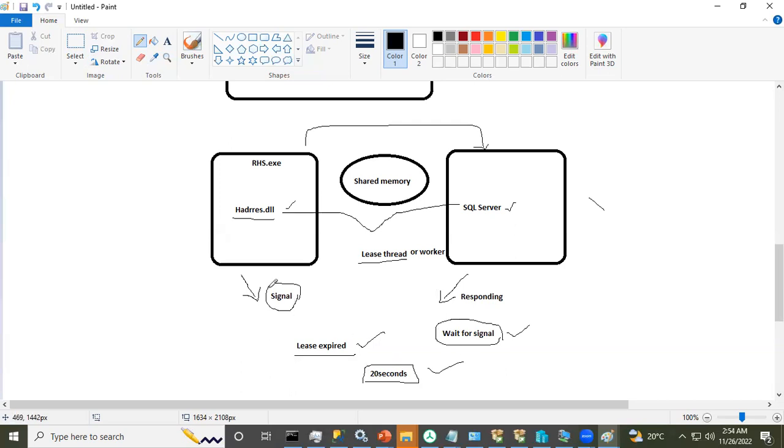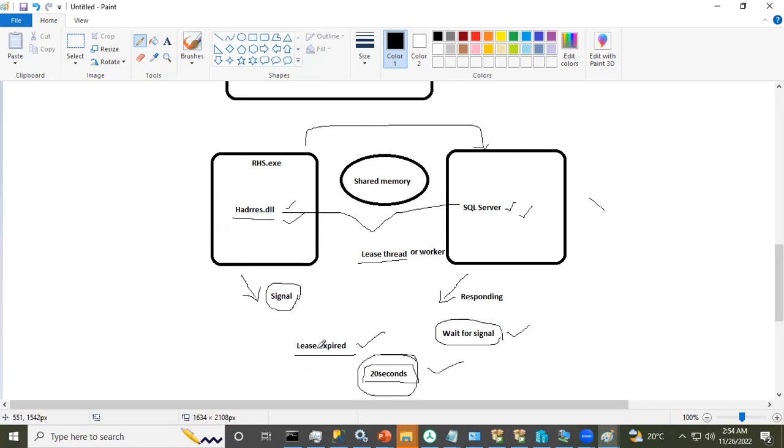If either of these two resources, the HADR resource.dll or the SQL Server, is not responding within these 20 seconds, then the lease is considered expired.